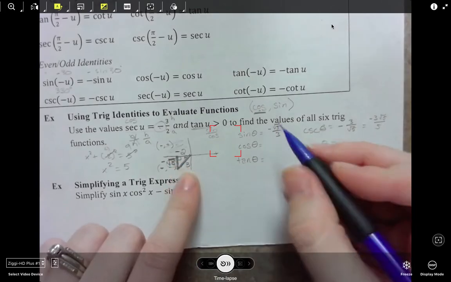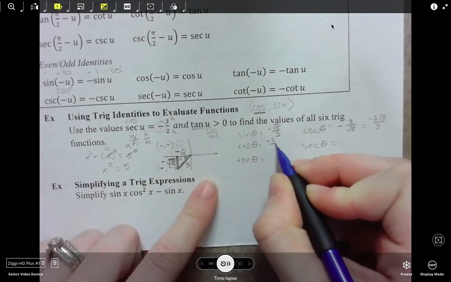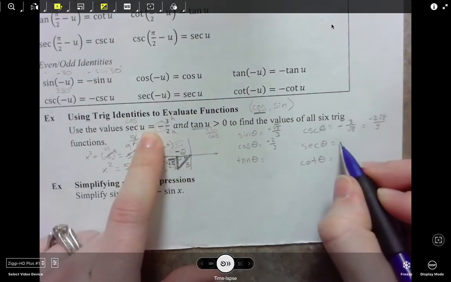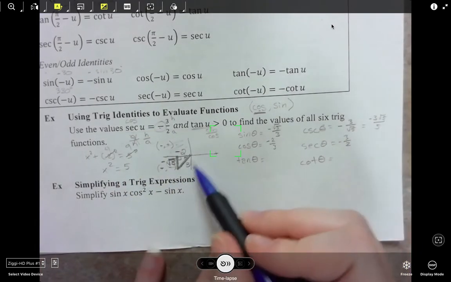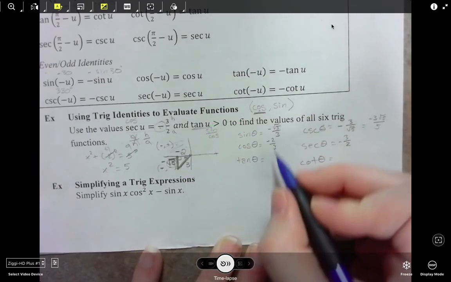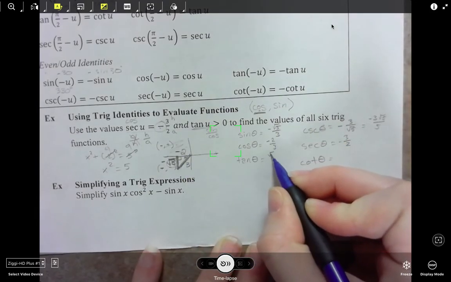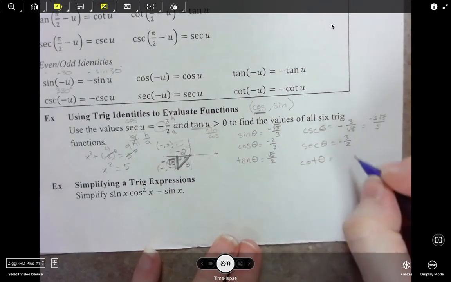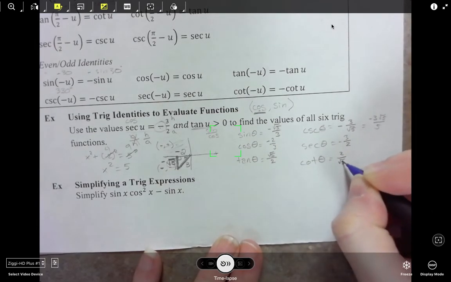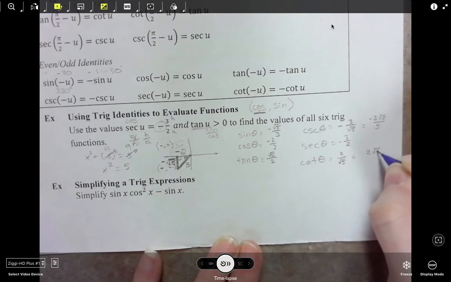Cosine will be negative 2/3 because secant was negative 3/2 from what we were given above. Tangent is the opposite over the adjacent, so negative square root of 5 over negative 2, so it would make it positive. 2 over the square root of 5, or 2 square roots of 5 over 5.